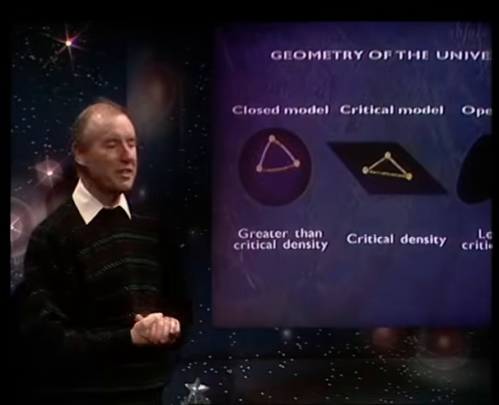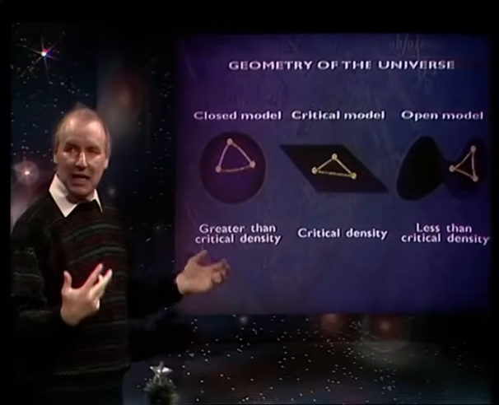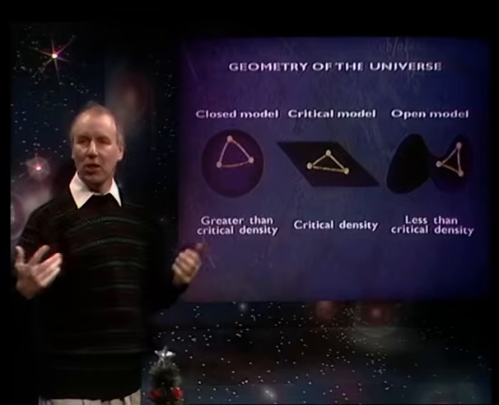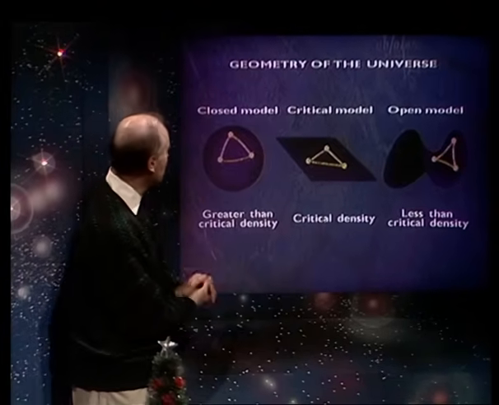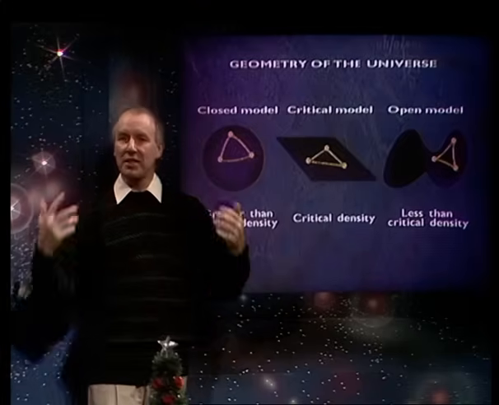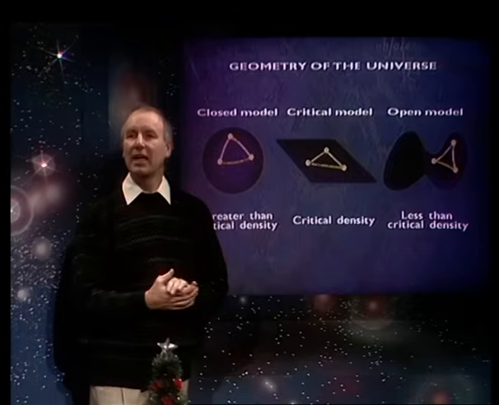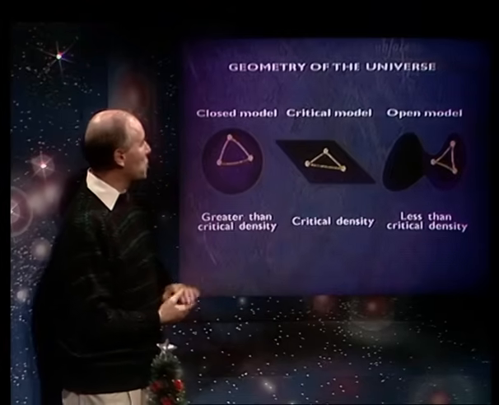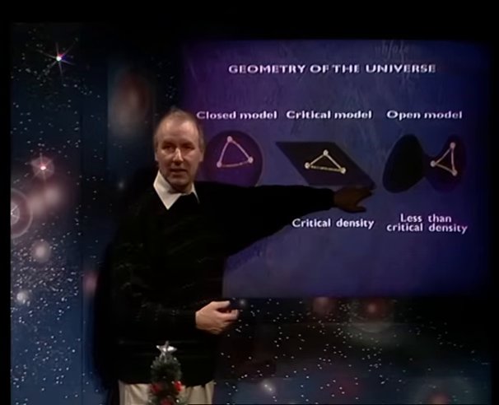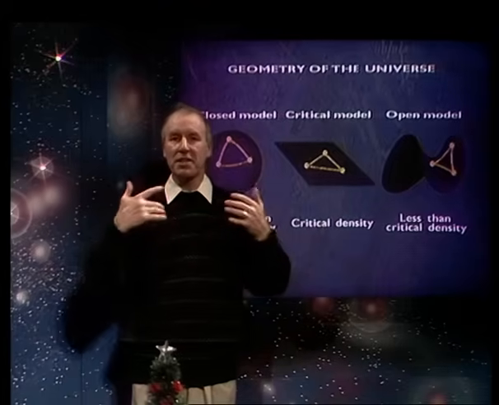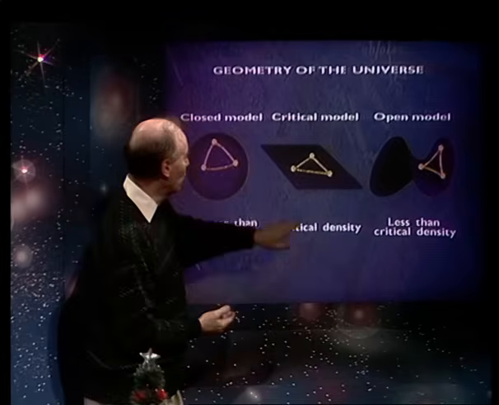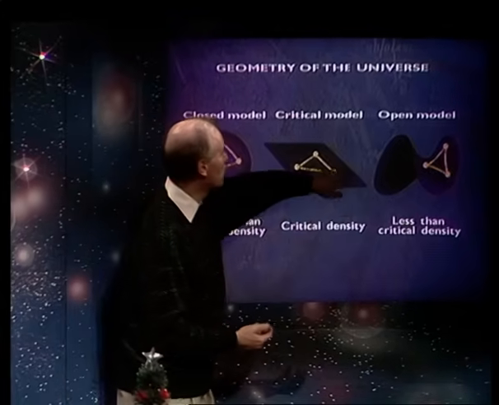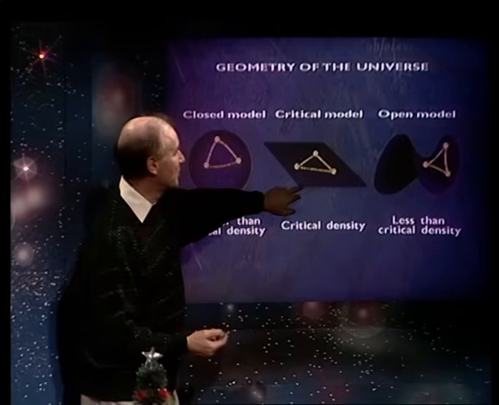Now, we will need this result later in one very important point in the argument. It turns out that in these models of the universe that we've built, there's this beautiful relationship between their dynamics, in the sense of the way they expand, their density, and their geometry. It is only in the critical density model, in which the universe has its own escape velocity, in the sense of escaping from itself, that we find the geometry is flat.